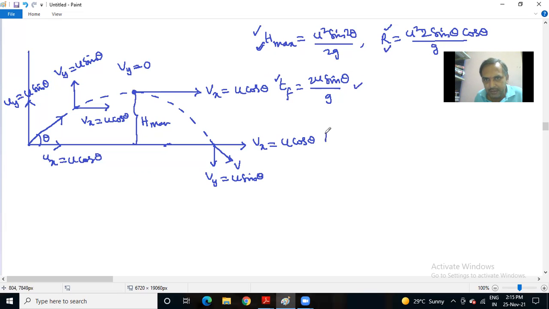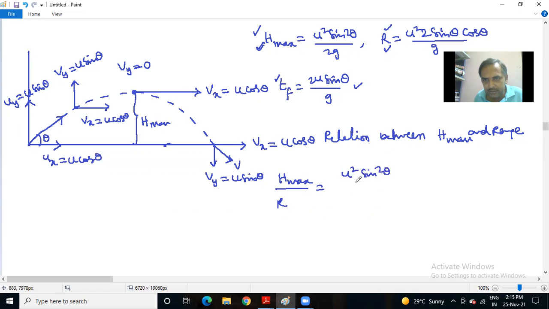First, relation between h max and range. Okay, so divide h max with the range, which is u square sine square theta by 2g, whole divided by u square 2 sine theta and cos theta by g.